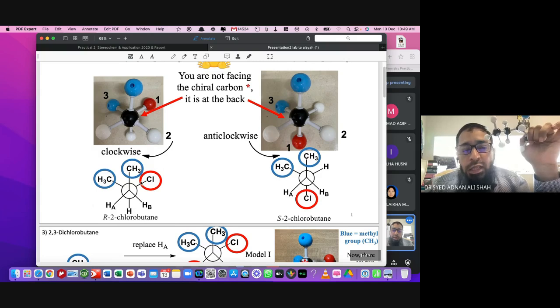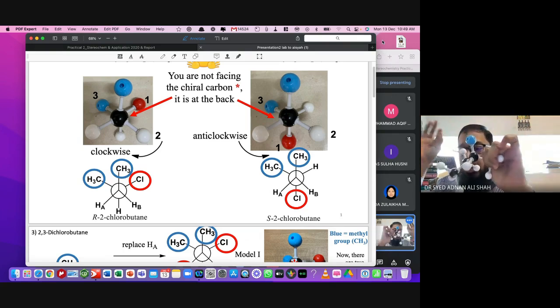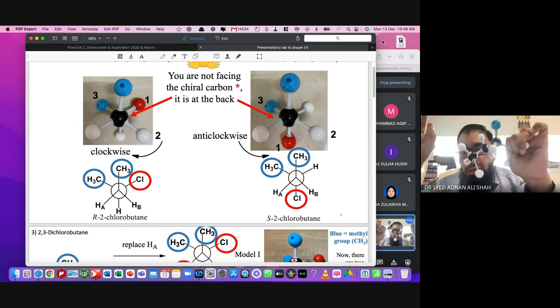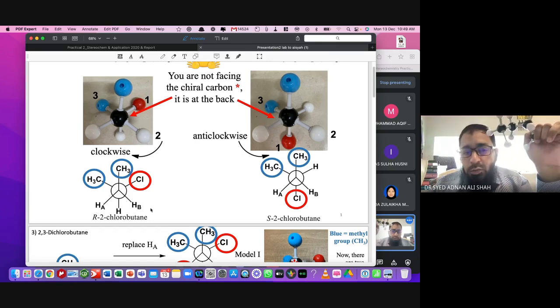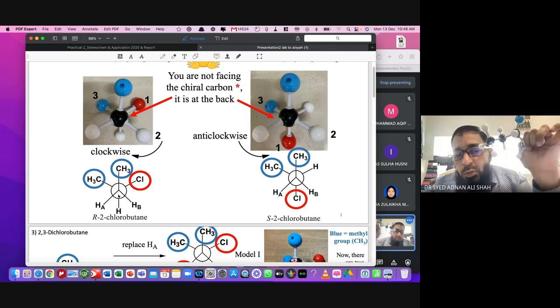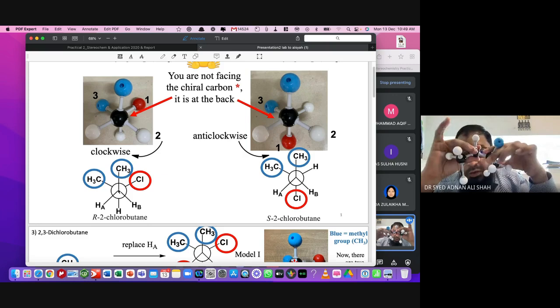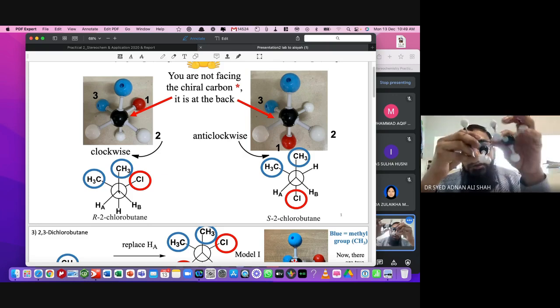You can see this is the Newman projection. How do you form the Newman projection on paper? It is very easy, right? You can see how the Newman projection can be drawn like this. This one is R, and this one is also R. This one is the carbon which is the dot carbon.